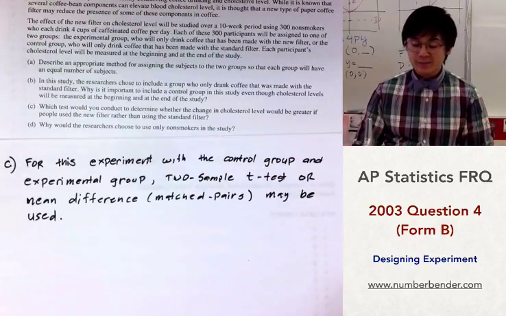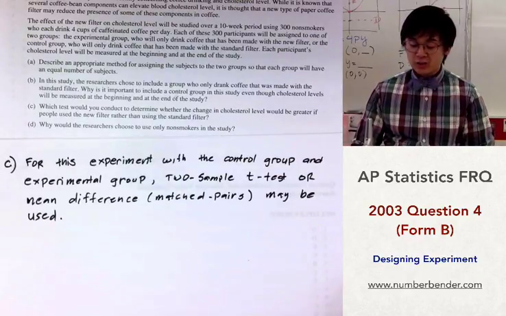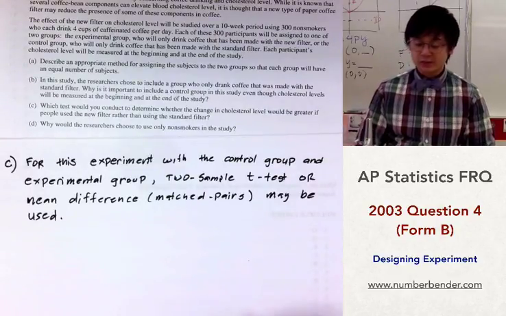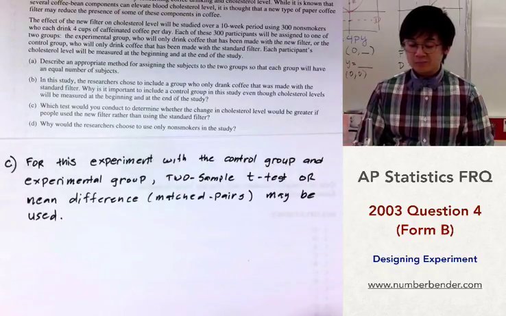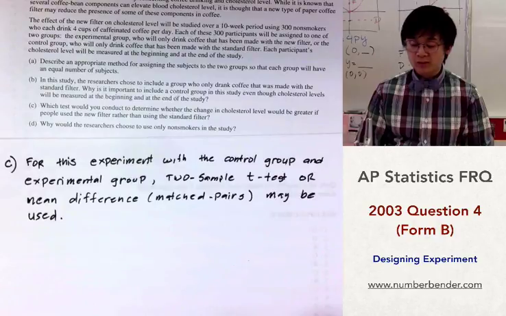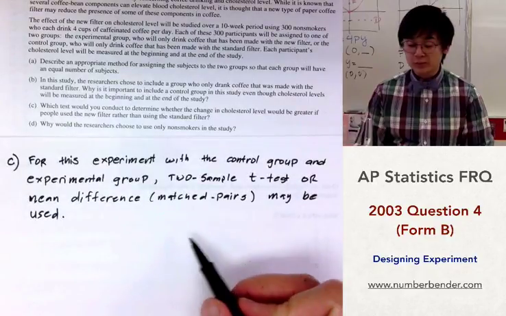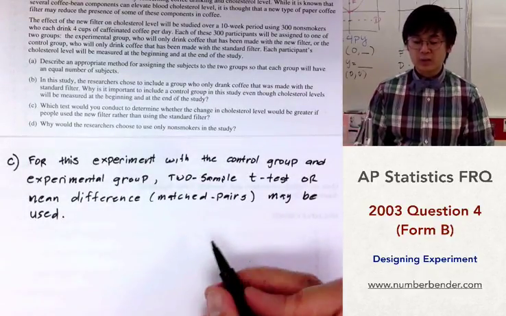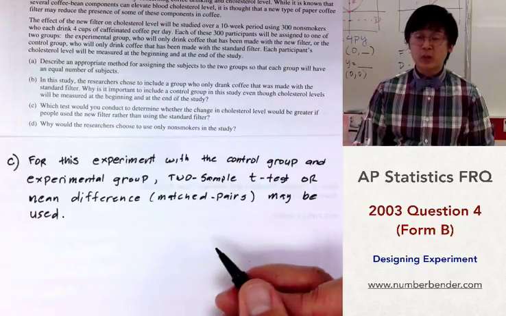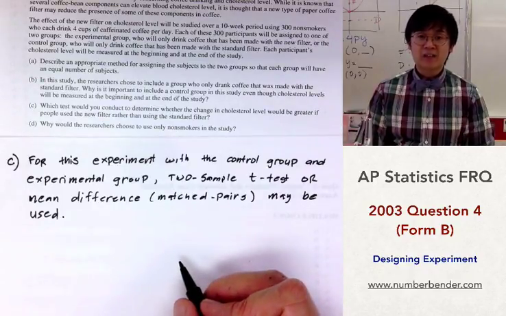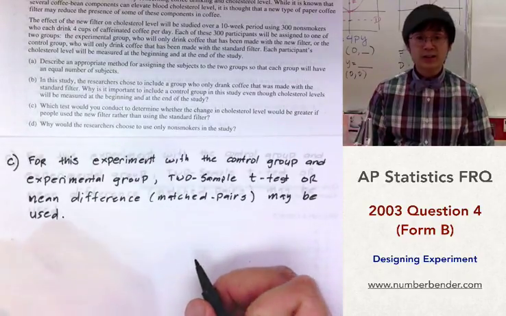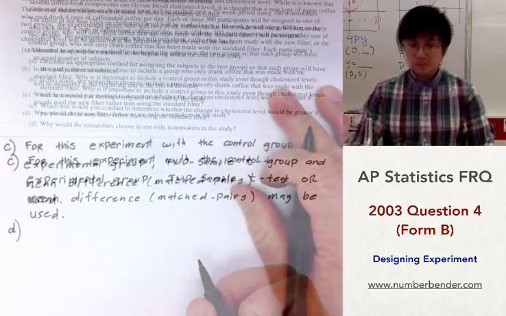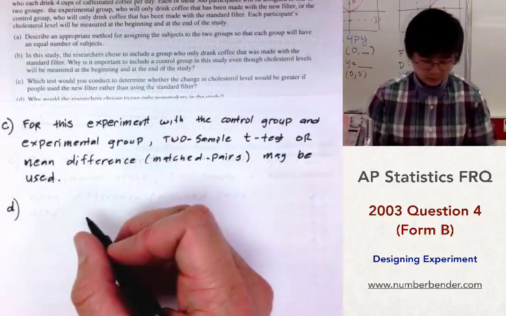The reason why the researchers only used non-smoker participants is to eliminate the source of variability that smokers, or people who smoke, may add into the experiment, because it's a known fact that smoking affects the level of cholesterol for each individual. So let's go ahead and answer problem letter D with that particular concept.